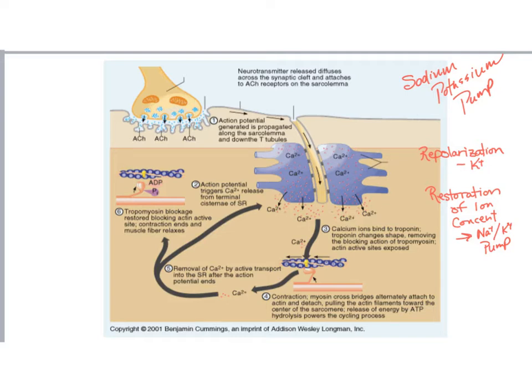And then once that muscle has contracted, we have the sodium potassium pump restoring the ion concentrations, if that makes sense. Okay? All right, hopefully you were able to see that in one of the videos that I posted.